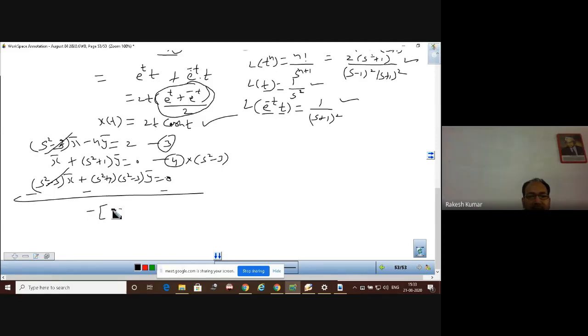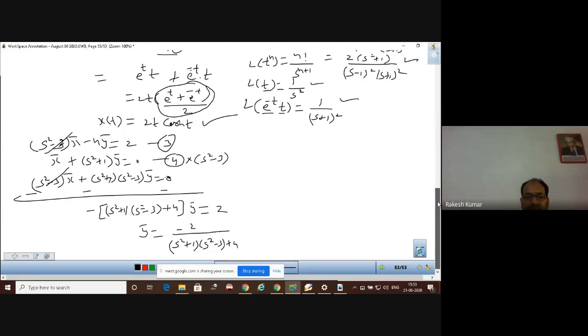Ultimately, minus can be taken common, (s square plus 1) into (s square minus 3) plus 4 into y bar is equal to 2. The y bar will be equal to minus 2 upon (s square plus 1) into (s square minus 3) plus 4. So this is your value of y bar.